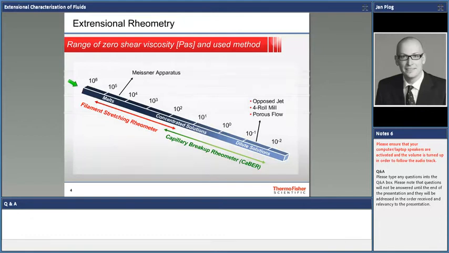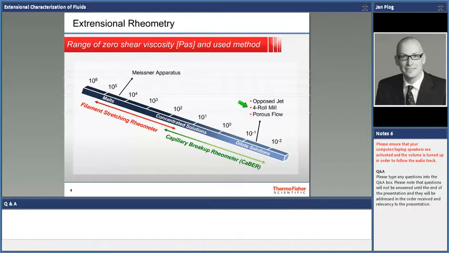Some of you might know about extensional rheology and might have used different approaches in the past. Here on this slide, you just see a scale of different viscosities and the methods that are still or were available in the past to test extensional properties of fluids. When you go from the low end scale here, from 10 to the minus 2, 10 to the minus 1 Pascal seconds, you see very old traditional approaches. Some of you might have heard about them, some not.